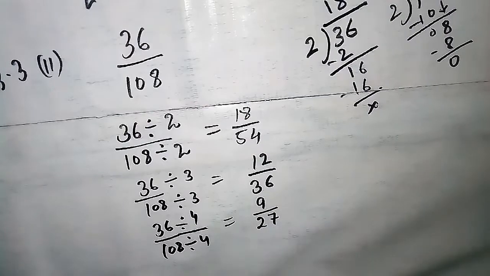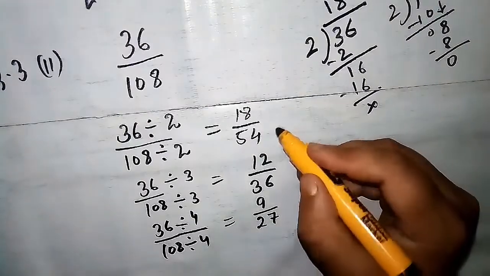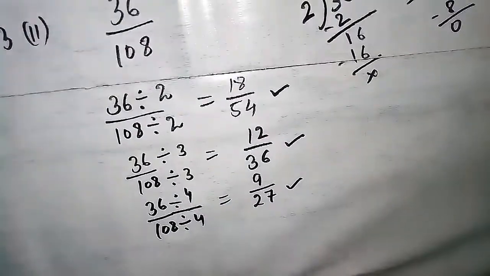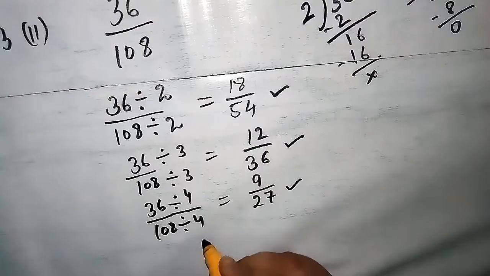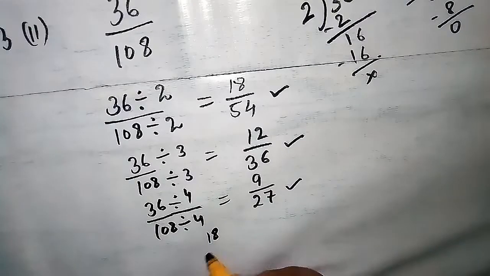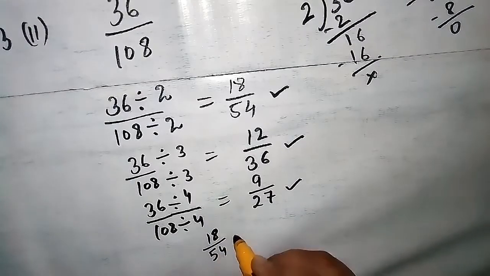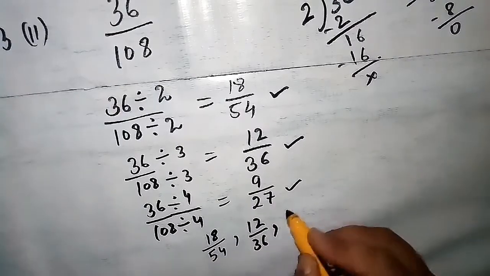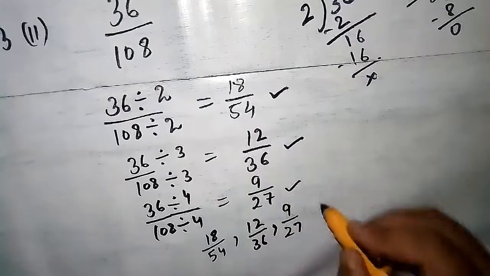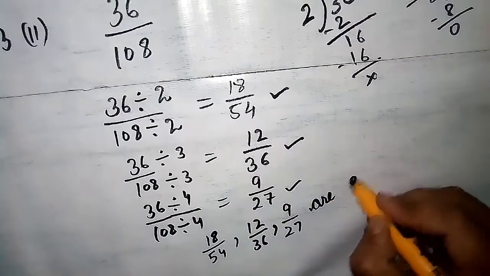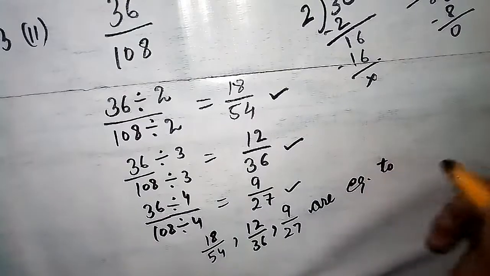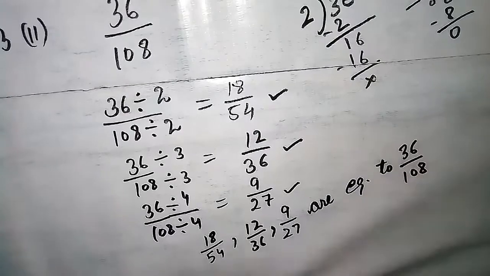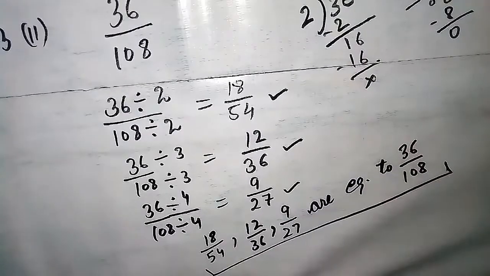So you can see that 18 upon 54, 12 upon 36 and 9 upon 27. In the end we have to write that 18 upon 54, 12 upon 36 and 9 upon 27 are equivalent rational numbers to 36 upon 108. So these are the two ways to find equivalent rational numbers.